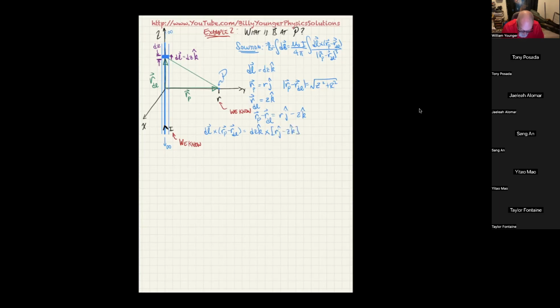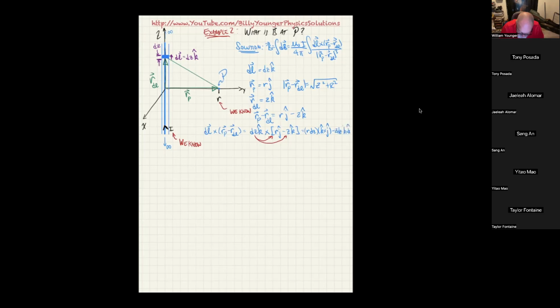Okay. Now we're going to use our sort of distributive property, if you will, like the FOIL method, and we're just going to have to hit those two. So this is going to give us R dz, and then k hat cross j hat. And then the other one's going to give us a minus z dz, and this one's going to be k hat cross k hat.